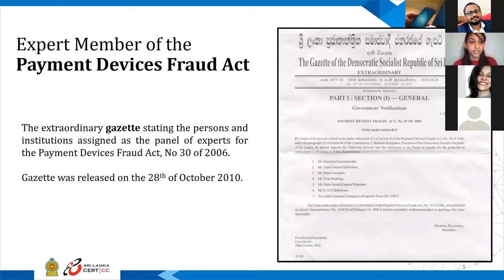If it's Sri Lanka CERT, the police will come with the court order and the devices to Sri Lanka CERT, and they will hand over the items and the court order to us. Once they do that, we will start the investigation. There's a process that we follow when we take the items, such as the chain of custody forms that we have to sign. Those parts I will explain at a later stage.